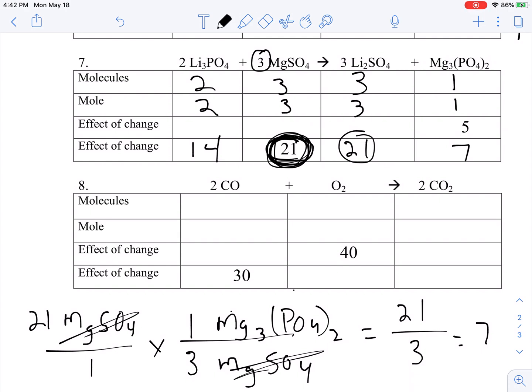All we're doing is the same thing to each one of these coefficients to get our numbers, right? So if this, for the magnesium sulfate, had to be multiplied by 7 to get the 21, then this lithium phosphate also needs to be multiplied by 7 to get 14. And this needs to be multiplied by 7, and it gives us 21. And this needs to be multiplied by 7 to get 7. And that's where these numbers are coming from.